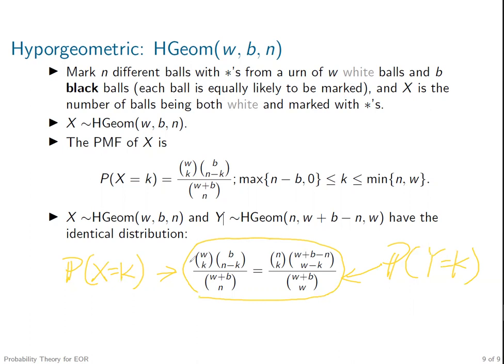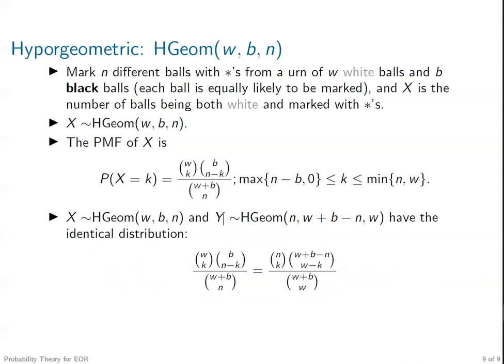So indeed, if these two random variables follow these two hypergeometric distributions, then the PMFs of these two random variables are equal to each other for different choices of K. And because we know the PMF determines the distribution of a discrete random variable, essentially they have identical distributions for random variables X and Y. Here's also a simple story proof for why they have this identical distribution.